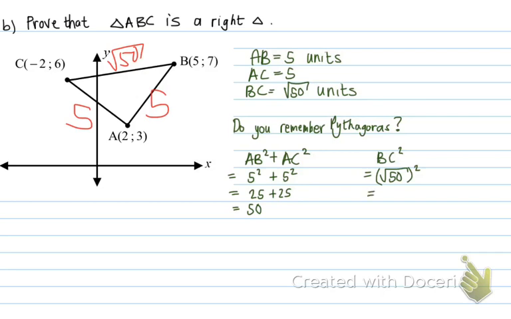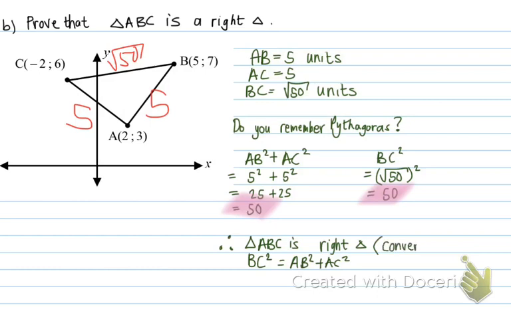Remember, a square root and squared cancel one another out, so the answer is just 50. Aha! These give me the same answer, which means Pythagoras works. When Pythagoras works, I know it's a right angle triangle. So triangle ABC is a right triangle because BC squared is equal to AB squared plus AC squared, and this is the converse of Pythagoras.